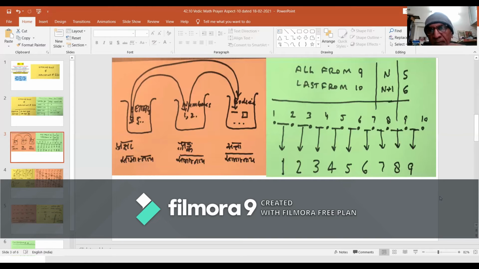With this invoking, we will be having the organization as Ganita Sutra 1, Ganita Sutra 1, and then Ganita Sutra 2. Ganita Sutra 1 is one more than before. Ganita Sutra 1 is proportionate symmetry. So from the one more than one rule of Ganita Sutra 1, we will be having bridging through proportionate symmetry, and then we will reach Ganita Sutra 2, all from 9 and last from 10.